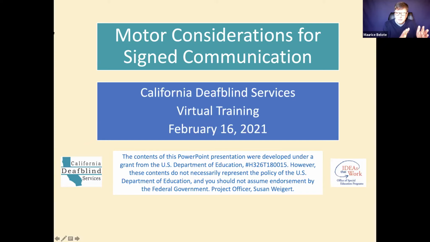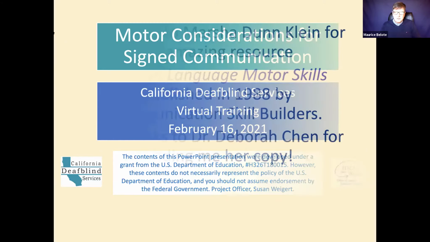So we're going to do slide, activity, slide, or what I'm calling SAS. So we're going to get sassy here. So first of all, let's look at the slides. I'm going to be focusing on imitation and then other motor considerations for sign.